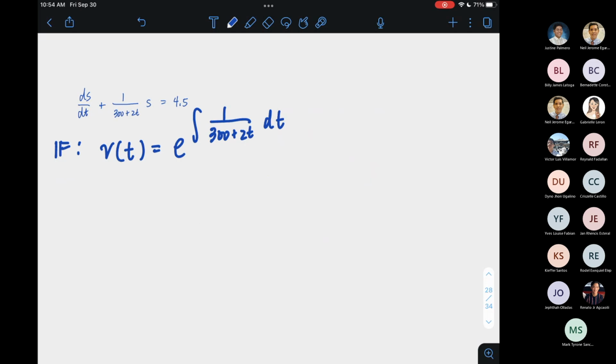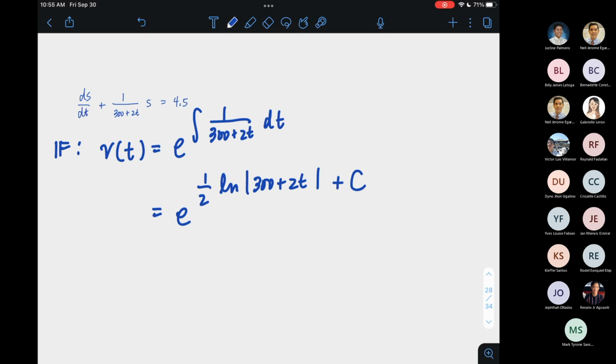All right. And this is equal to e to the, let u equal 300 plus 2t. So that means du is equal to 2 dt. So dt equals du over 2. So this will be 1/2 ln of the absolute value of 300 plus 2t plus the arbitrary constant c. All right?